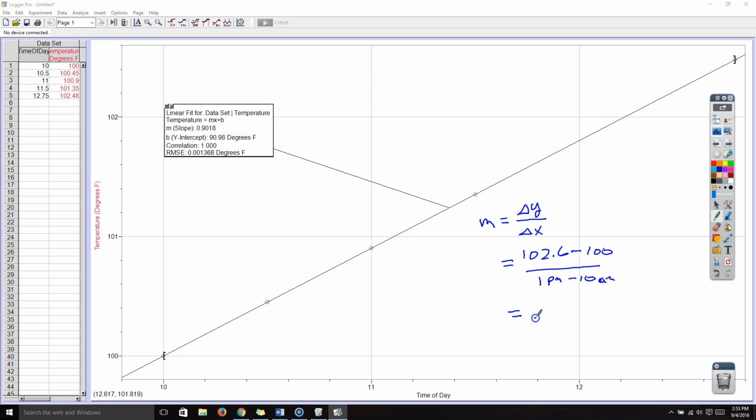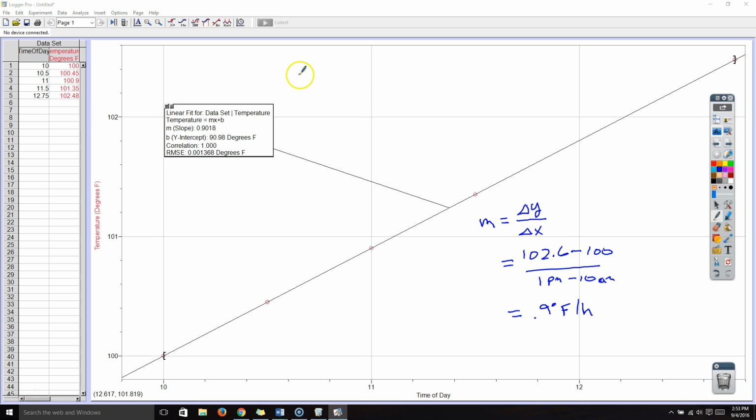If we divide the two, you're going to end up with about 0.9 degrees Fahrenheit for every hour of time that passes. Let's go ahead and use the slope-intercept form to figure out an equation for this, and then that will help us figure out in 12 hours, according to the trend, what this patient's temperature would be.